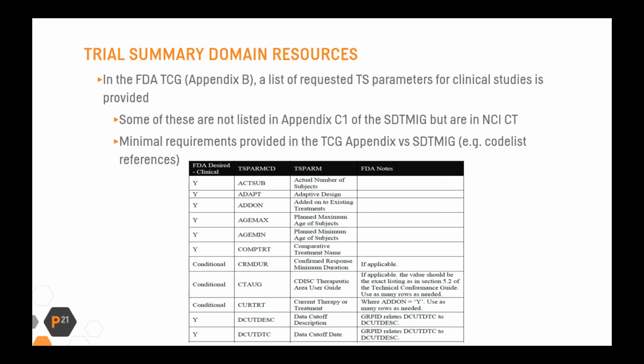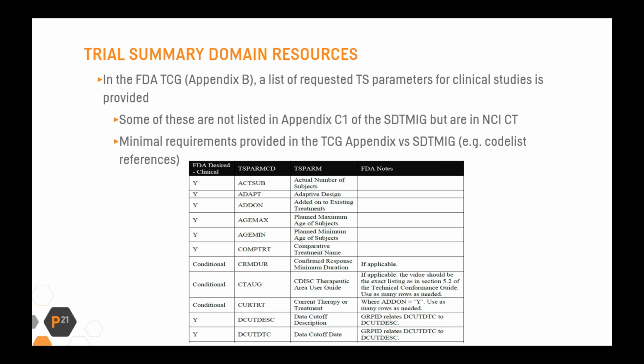Also, the FDA requires specific parameters in the trial summary domain. For clinical, they are listed in Appendix B. Some of these that are listed here are not listed in Appendix C1 of the SDTMIG, but they are in NCI controlled terminology.